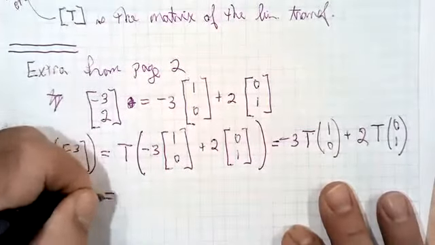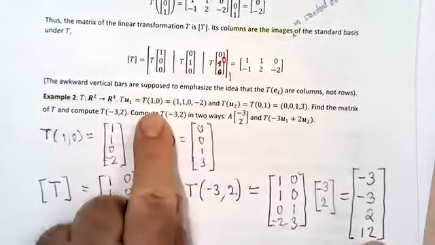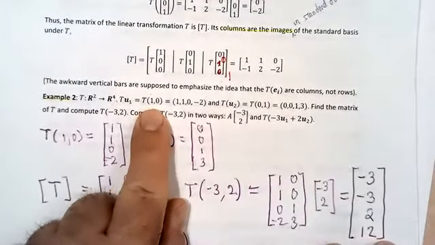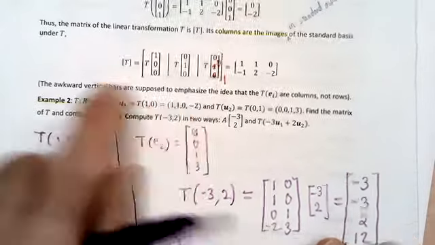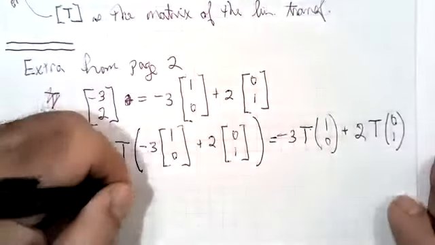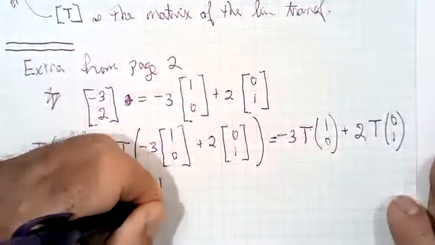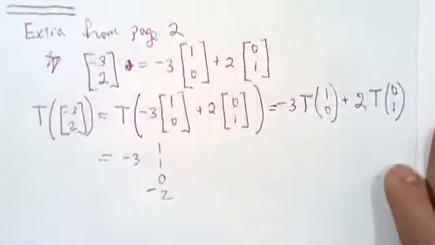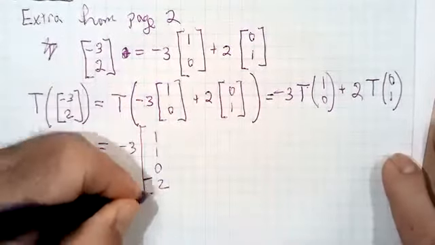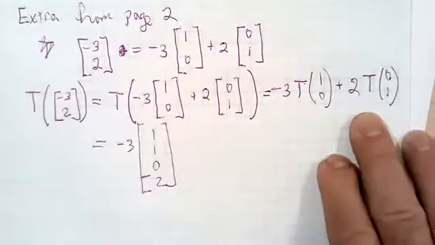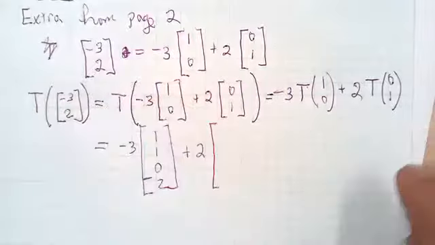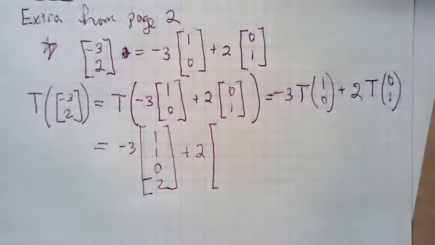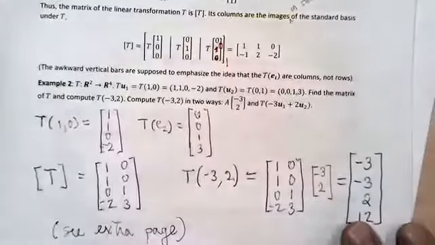Okay, now let's go back to our description. The description tells me that T of the first standard basis vector, T of E1, is 1, 1, 0, minus 2, plus 2 times, and since it's linear, I can just process E2 on its own.